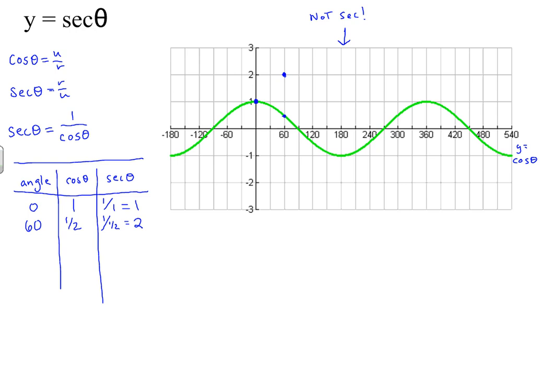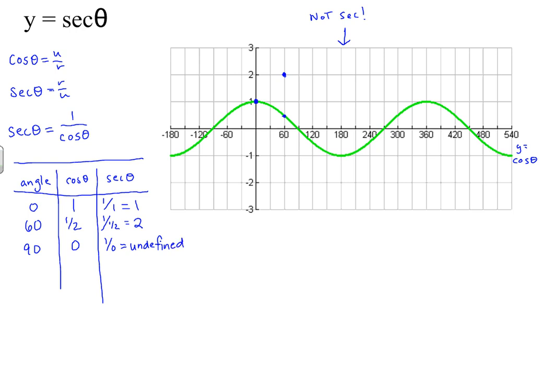Now I'm going to look at 90 degrees. You can read right off of the graph that cosine of 90 is 0. You also know that from the unit circle. Secant of 90 degrees is then 1 over 0, which is undefined. What does that mean for the graph? I have to think about this more carefully.